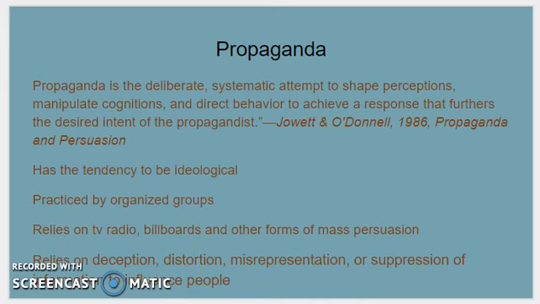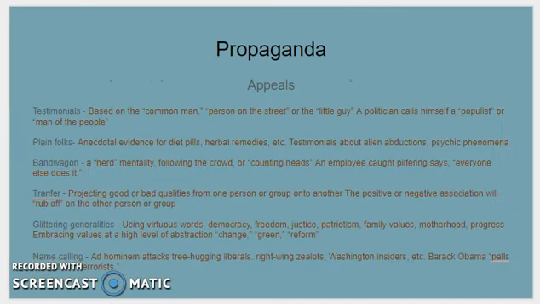And it relies on the deception, distortion, misrepresentation, and suppression of information to influence people. So propaganda appeals are testimonials, plain folks appeal, the bandwagon appeal, transfer appeal, glittering generalities, and name calling.